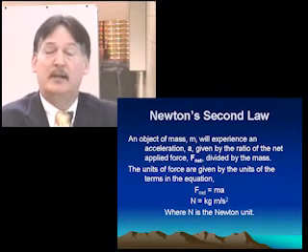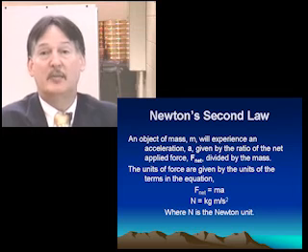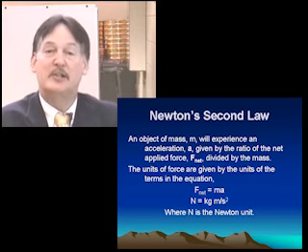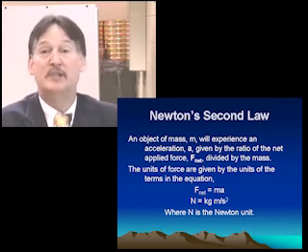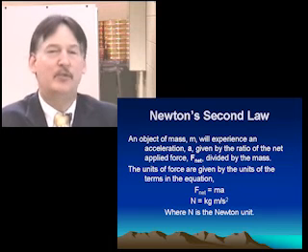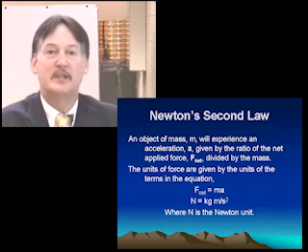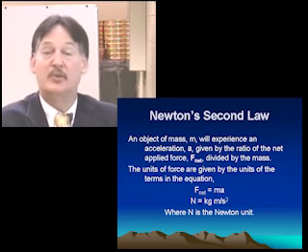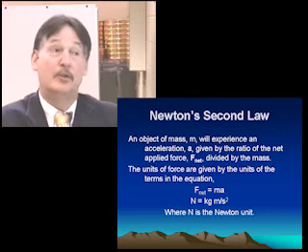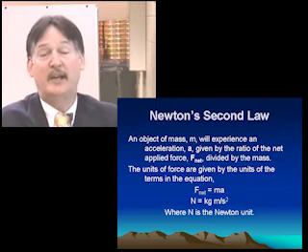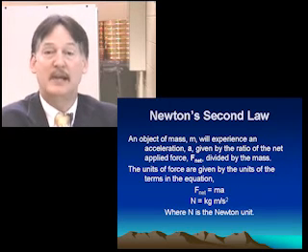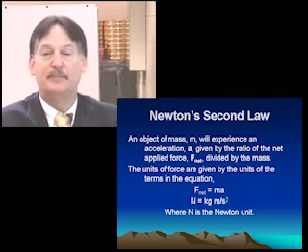Now the second law follows on the first law, because the first law stated the conditions under which no net force existed. The second law says that if a net force is present, then the acceleration due to that net force is related to it through an equation called Newton's second law: the net force F is equal to the mass times the acceleration.